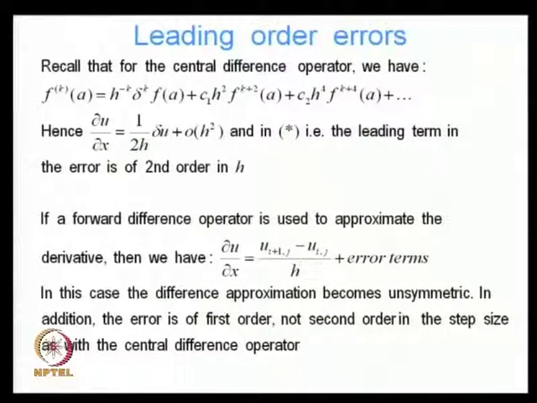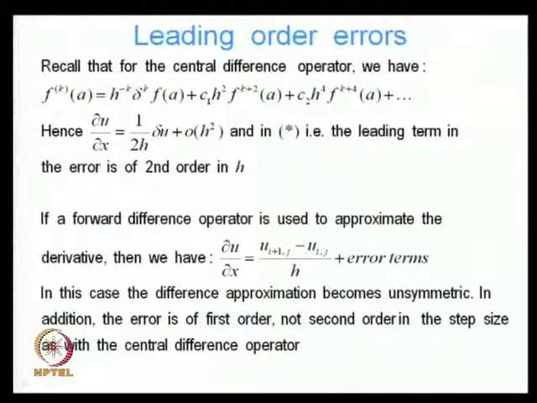If the forward difference operator is used to approximate the derivative, then we have del u del x is equal to u I plus 1 j minus u I j by h plus error terms. The forward difference, you go forward and subtract. Again these error terms are going to be linear, of order h.